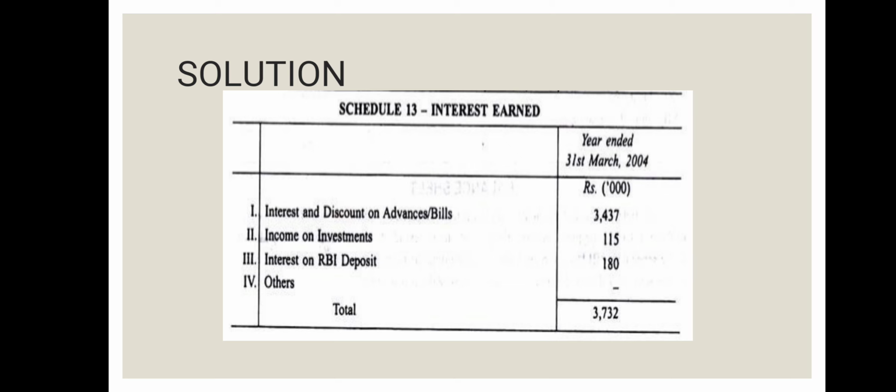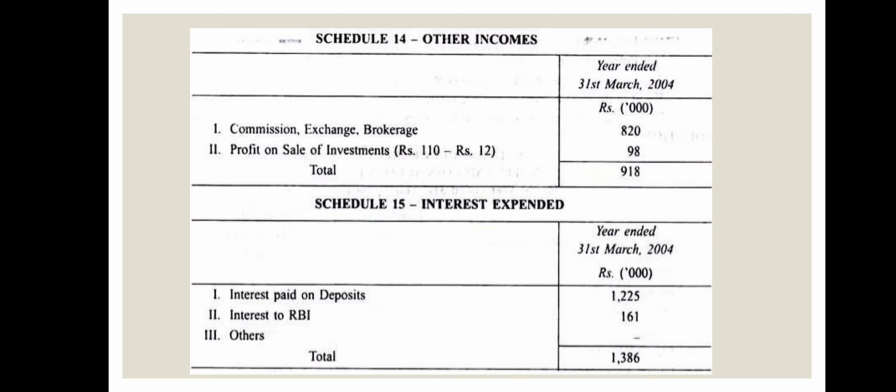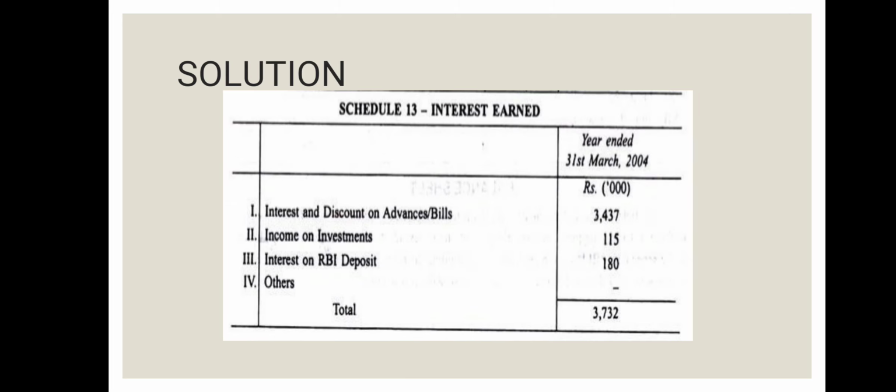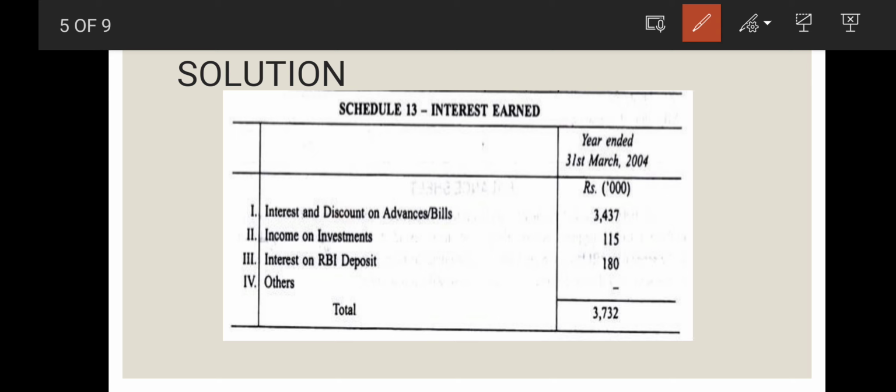Schedule 13, interest earned: interest, discount and advances bills 3,437, income on investment 115, interest on RBI deposit 180, the value is 3732.